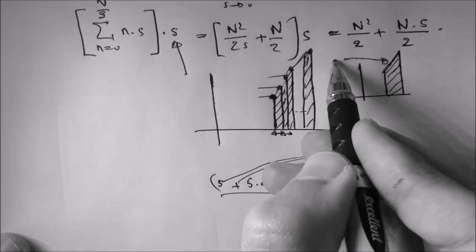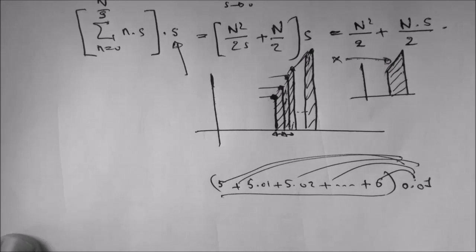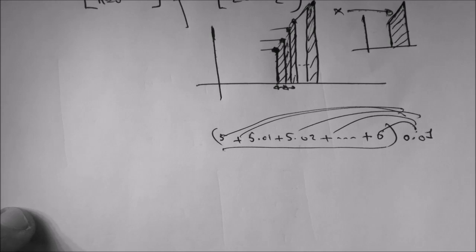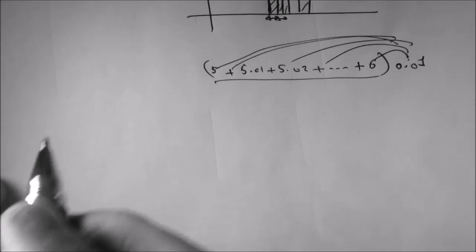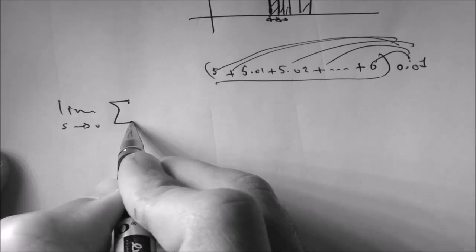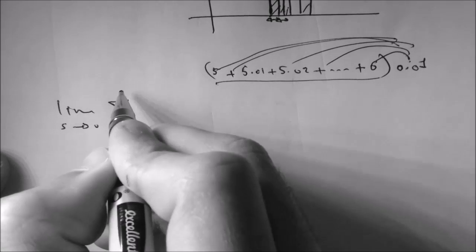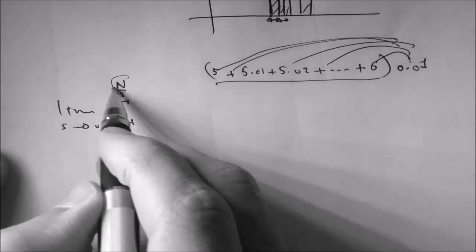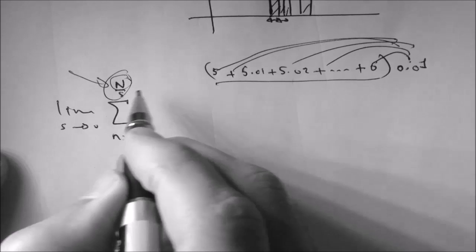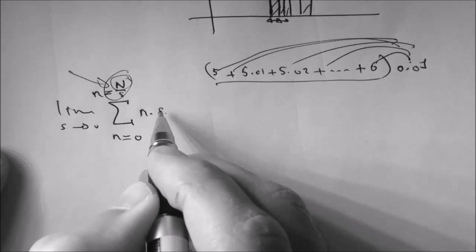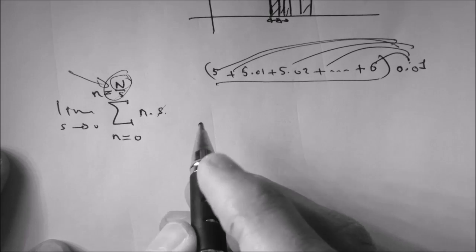The function in this case was x. We'll get there. So we will put s approaches 0 in the new formula and see what we get. We have the limit as s approaches 0 of the summation from n equals 0 to n over s. Don't forget that the last term in the sum is effectively n, although the upper term is n over s, since this n equals n over s will be multiplied by s over here, n times s, so this s will be cancelled.